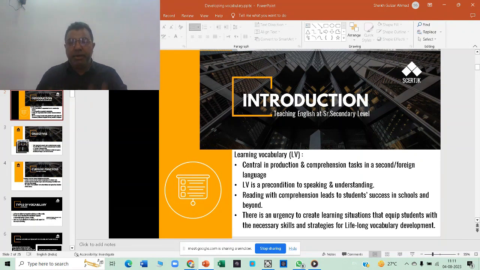So when such is the scenario, there is an urgency to create learning situations that equip students with the necessary skills and strategies for lifelong vocabulary development. As you all know, the National Education Policy stresses and urges us that we should work for the holistic development of the learner.